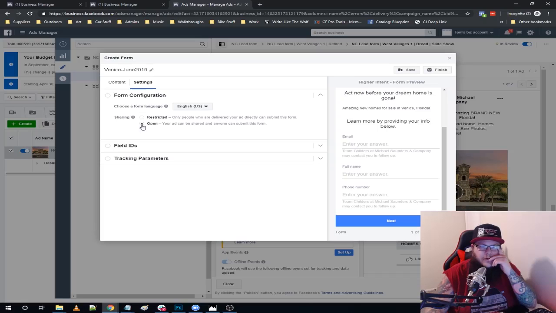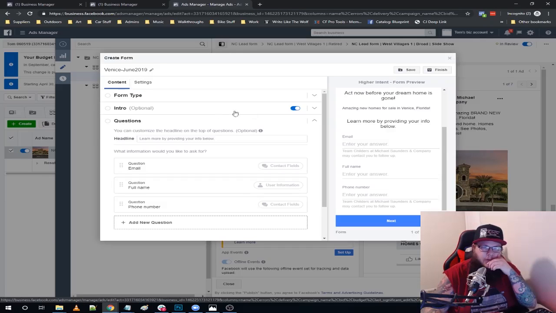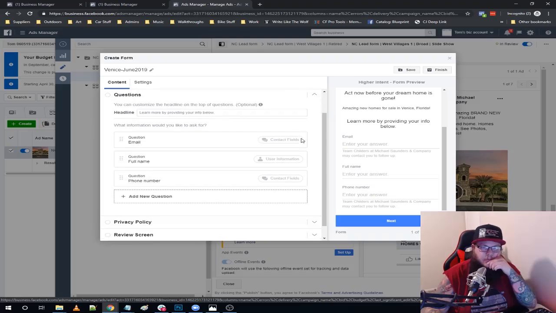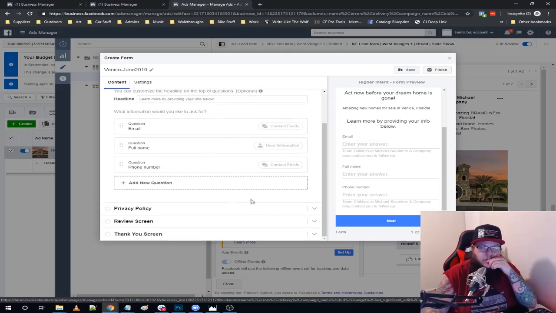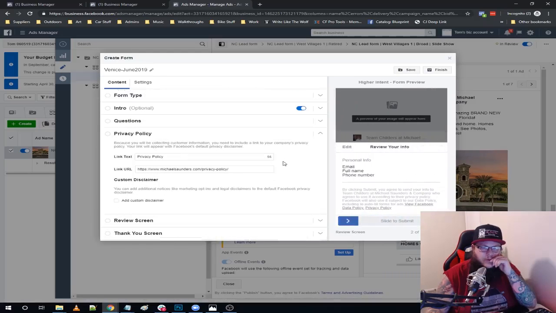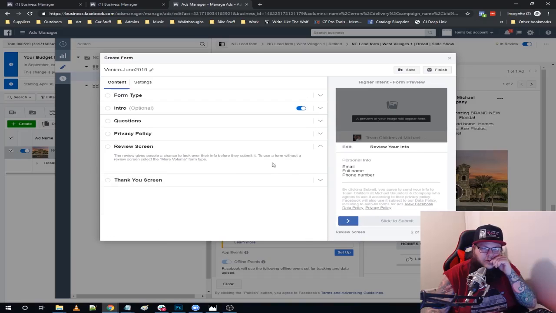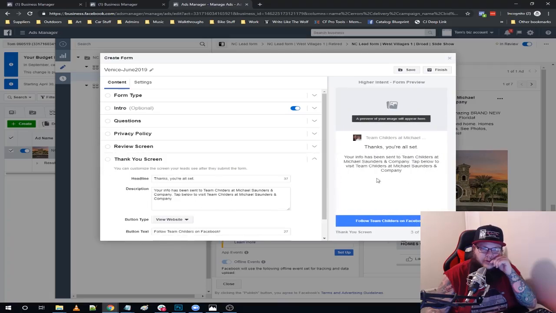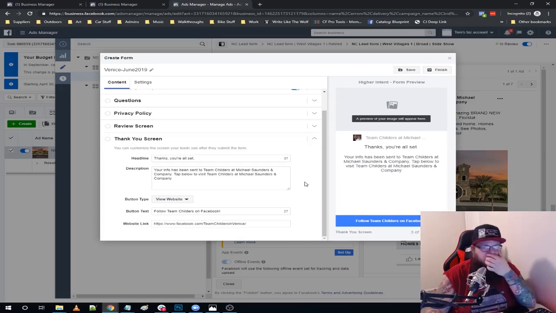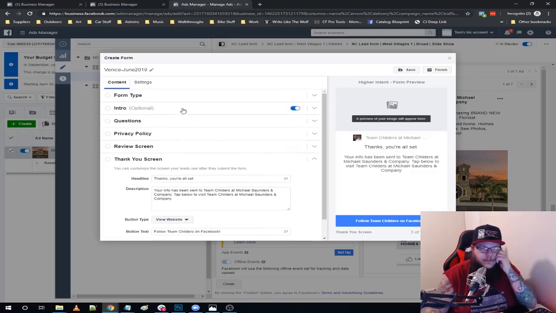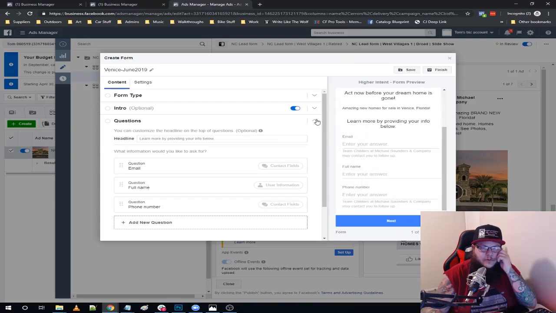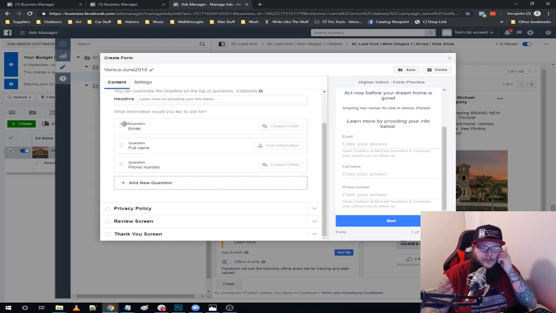And then we'll leave it open so people can share. Your ad can be shared and anyone can submit your form. And privacy policy set up. Review screen. Thank you screen. And you're pulling info dynamically from Facebook, so it should pull the information.